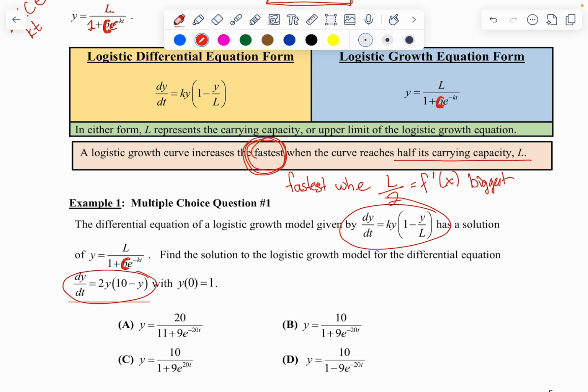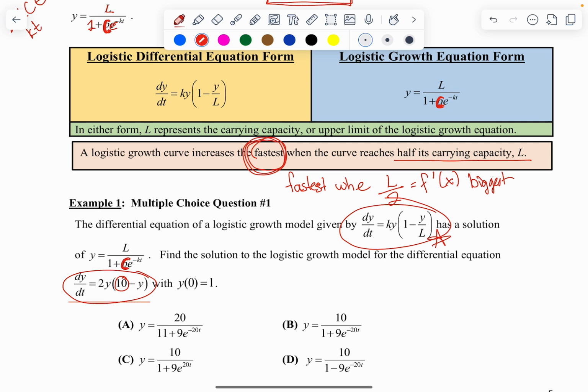The only difference is that we want to make that guy right there a 10. So we need to find the values of L and k in order to figure out this problem. So we need to rewrite it in this form.